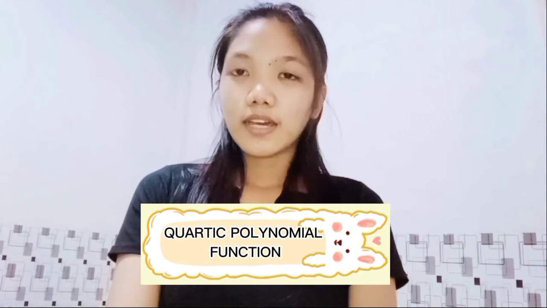It is a polynomial function with a degree of 3. ax cubed plus bx squared plus cx plus d. So, kapag sinabing cubic polynomial function, naka-raise siya sa 3. Highest degree niya is 3. So, kapag naman sabing quartic, ang highest degree niya is 4.